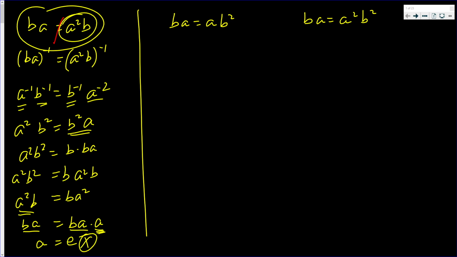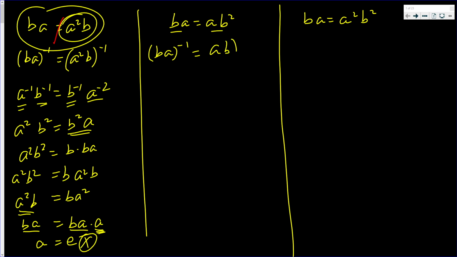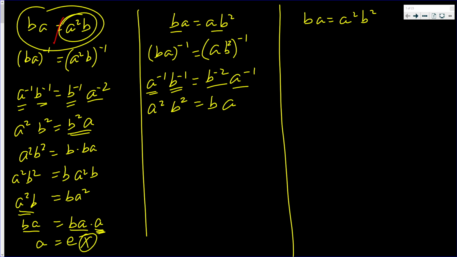Let's try the middle equation. Again, if we take inverse of both sides, we'll get the following. A inverse, B inverse is B squared inverse A inverse. A inverse is A squared. B inverse is B squared. B inverse squared is B, and A inverse is A squared. Okay, now I'll write the right side as BA times A. Left side I won't touch.